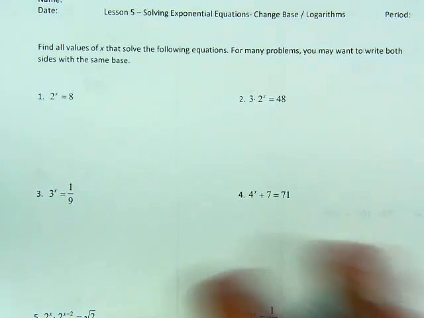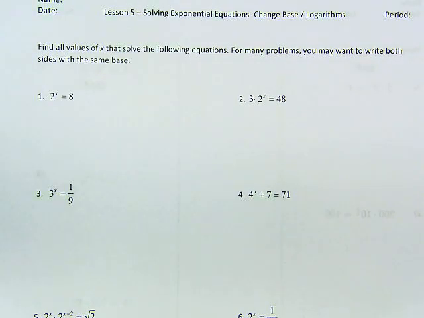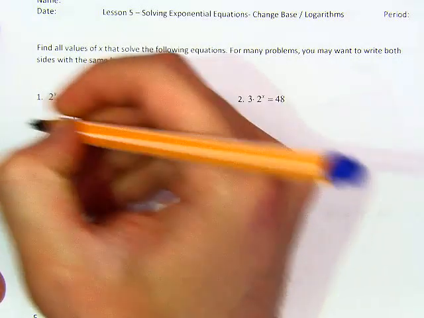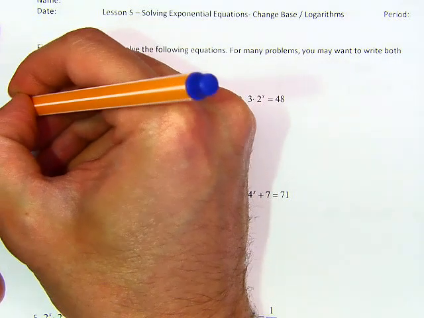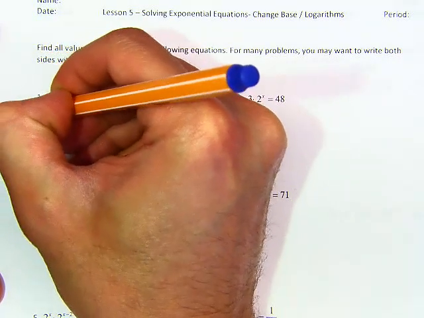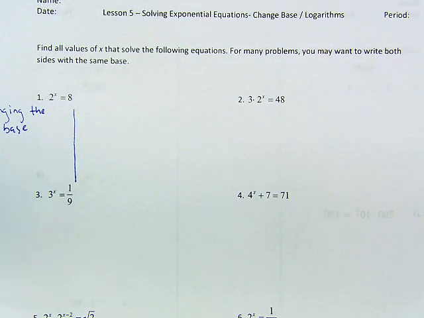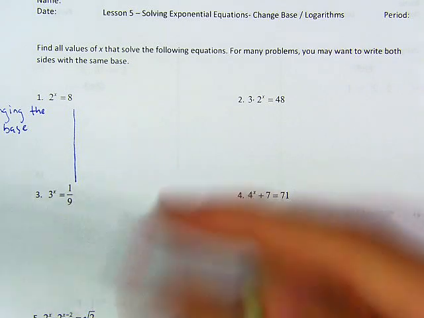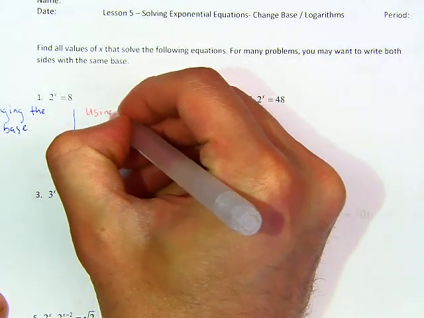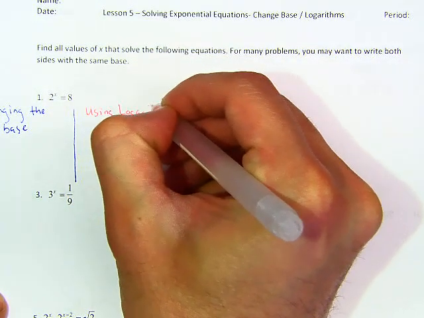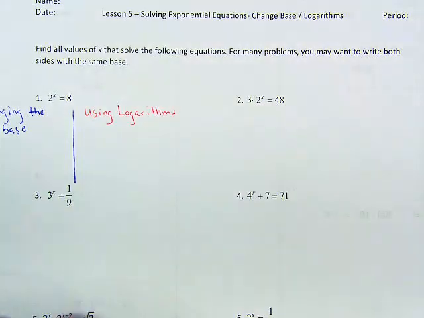Number 1, we're going to solve this one in two different ways. This one is by changing the base, and this one we'll do using logarithms. So there are two ways to solve this problem.